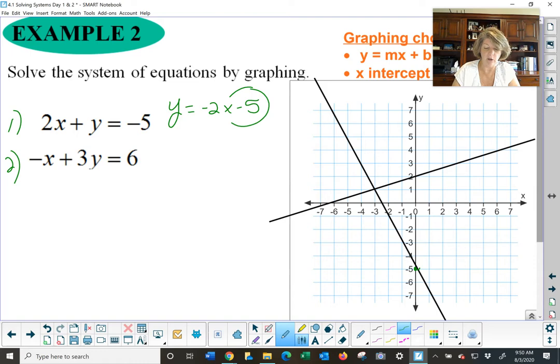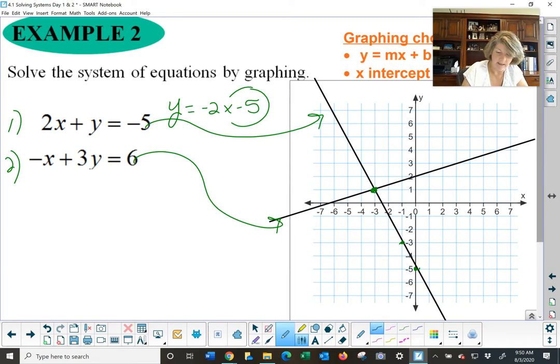Then I've got a slope of down 2, right 1, so that I get that negative slope. So this looks like the equation corresponding to that line. And then I would assume that this must be that particular line. And where they intersect, right here, is the solution that fits both equations.